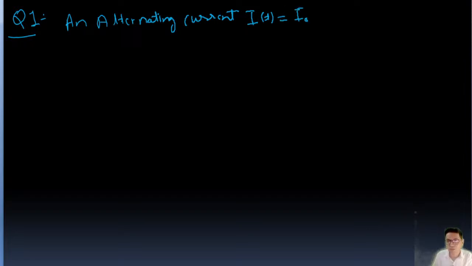An alternating current I(t) equal to I naught cos omega t.